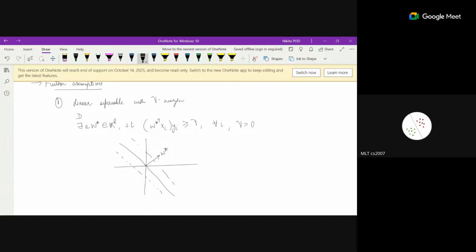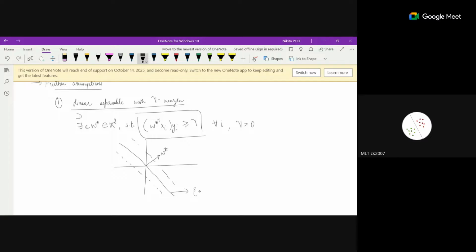In Perceptron, there will exist a W such that this will hold. It can be more than one also. There exists some W. So what is this line?